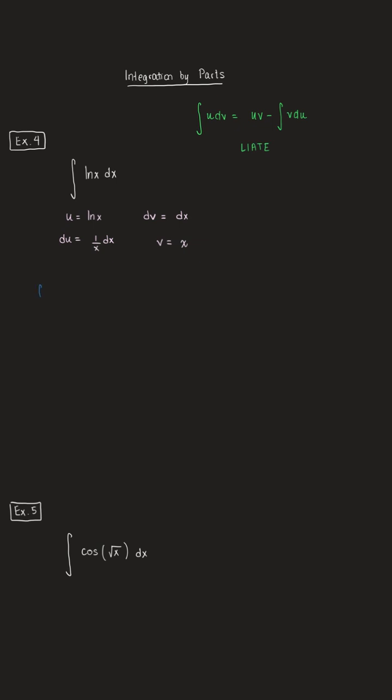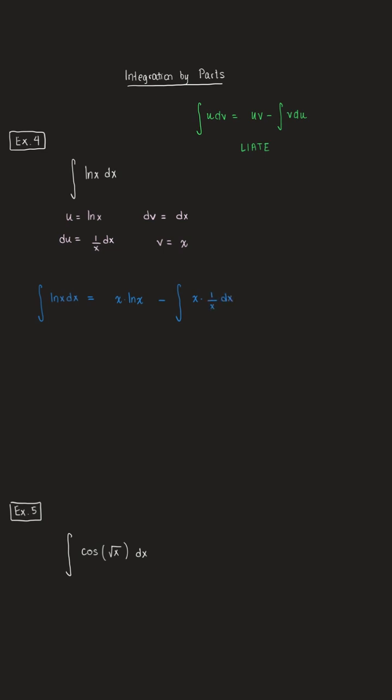We have the integral of the natural log of x dx will be equal to u times v. Here our uv is x times the natural log of x minus the integral of v du. So that's the integral of x times du, which is 1 over x dx.